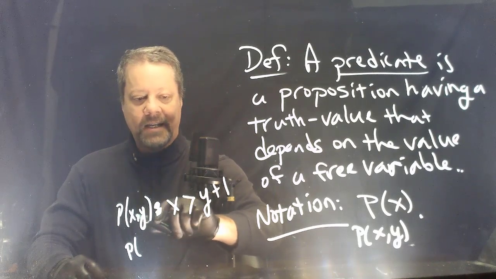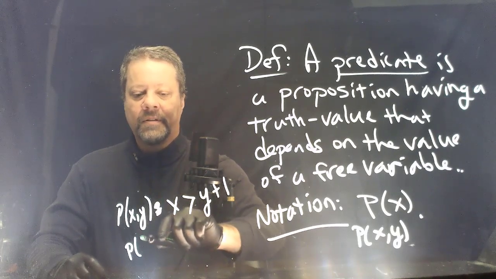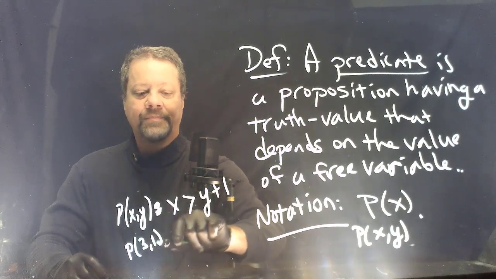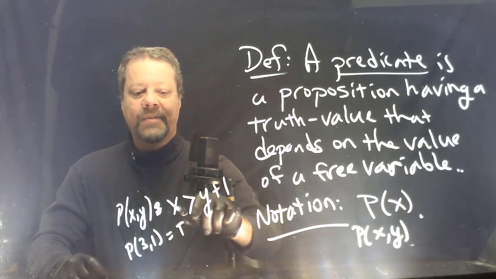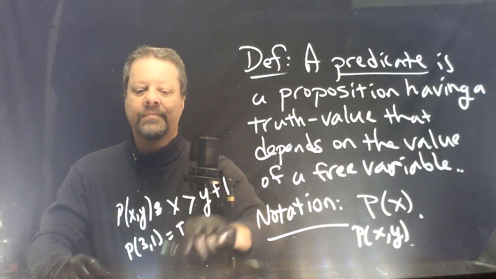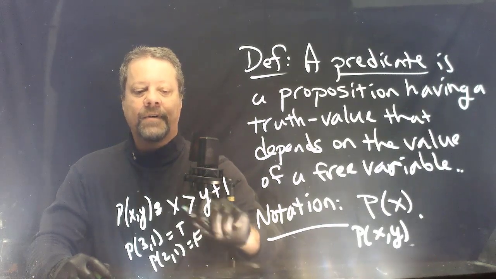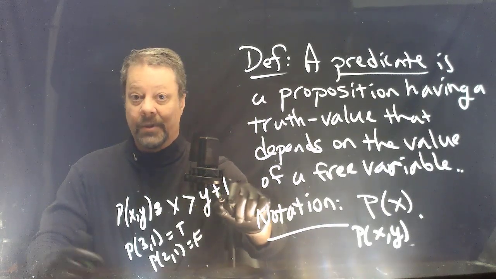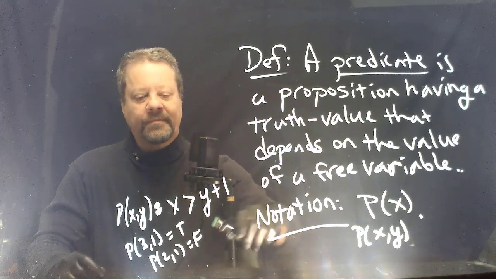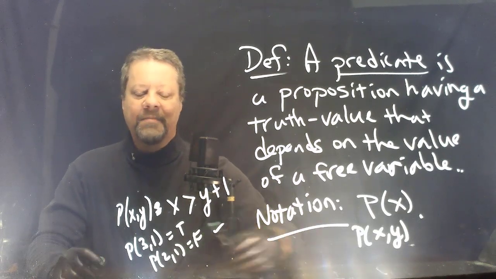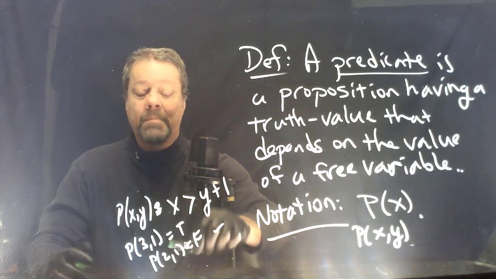So if I say p of 3, 1, that's true because 3 is bigger than 1 plus 1, which is 2. But if I write p of 2, 1, that's false because 2 is not greater than 1 plus 1, which is 2. 2 can't be greater than itself. And so the truth of the proposition will be dependent upon both values. The logic that we develop with predicates is sometimes called predicate logic or sometimes predicate calculus.